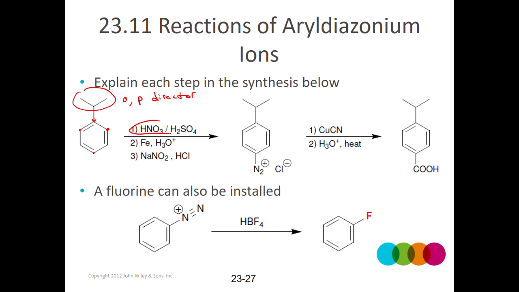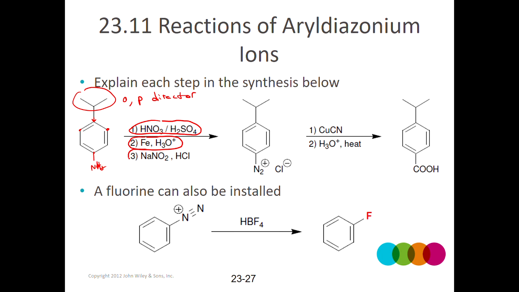So the nitronium ion would be produced by these. The ring would attack that. And so initially I would get an NO2 there. After that step, the iron, we usually would see zinc or iron used with an H plus to convert the NO2 into an NH2.